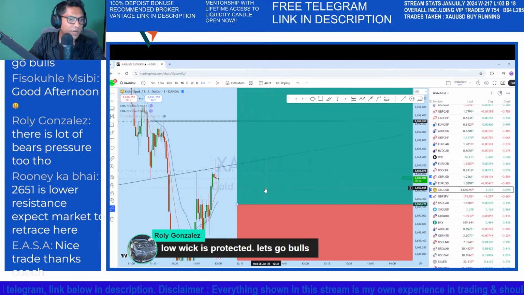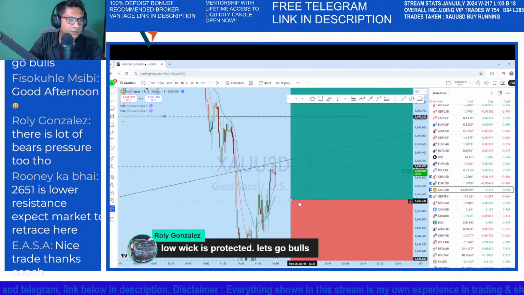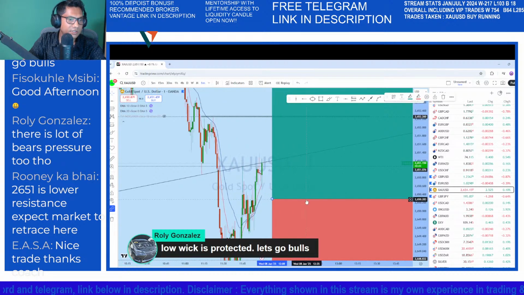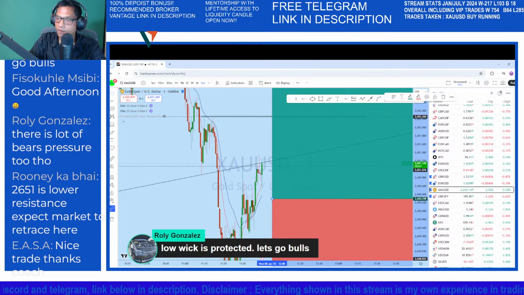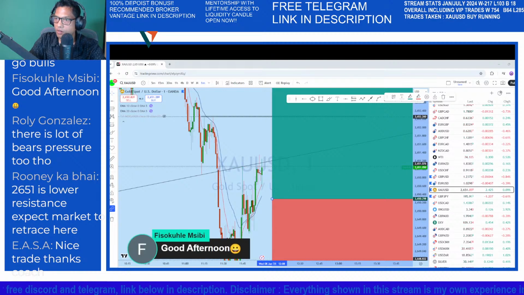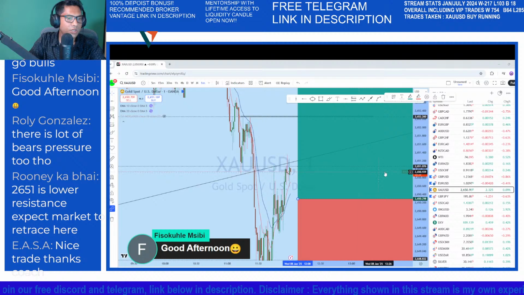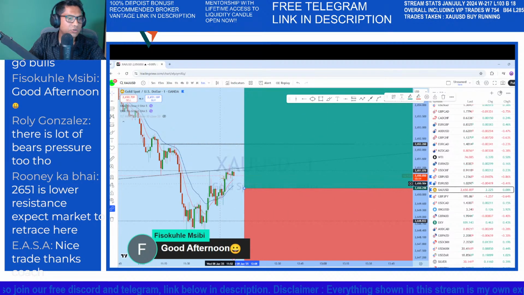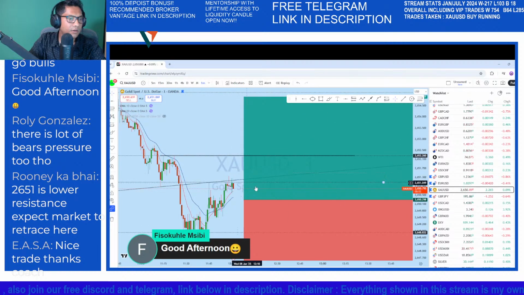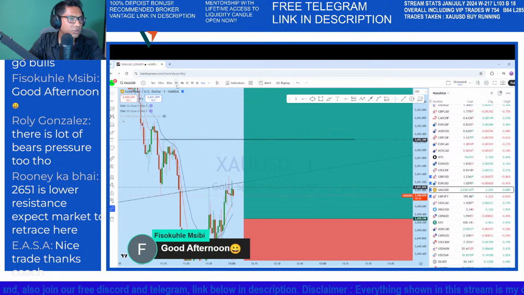Do you think it's a bullish price action or bearish price action? For me, I think it's still bullish. Good afternoon. That's a lot of bearish pressure too. So this is a 1 hour chart.